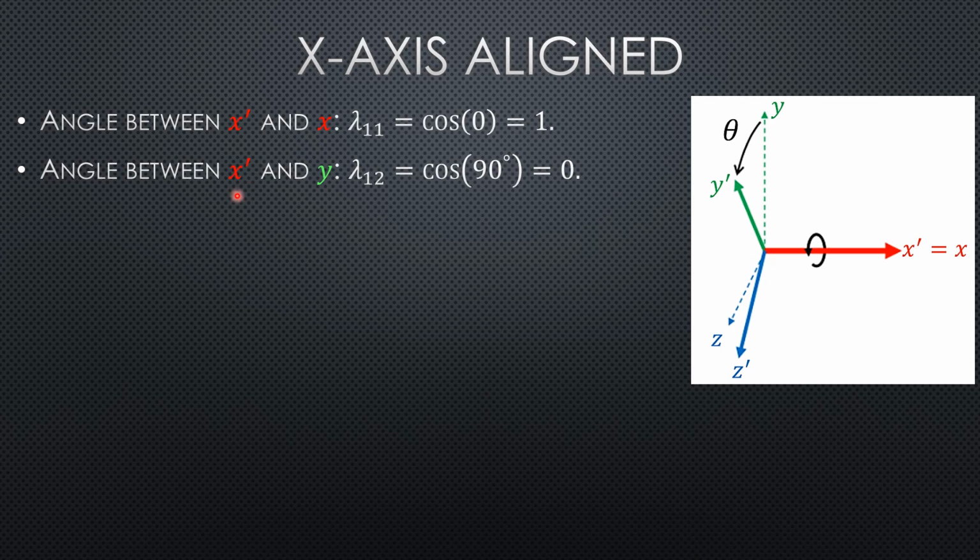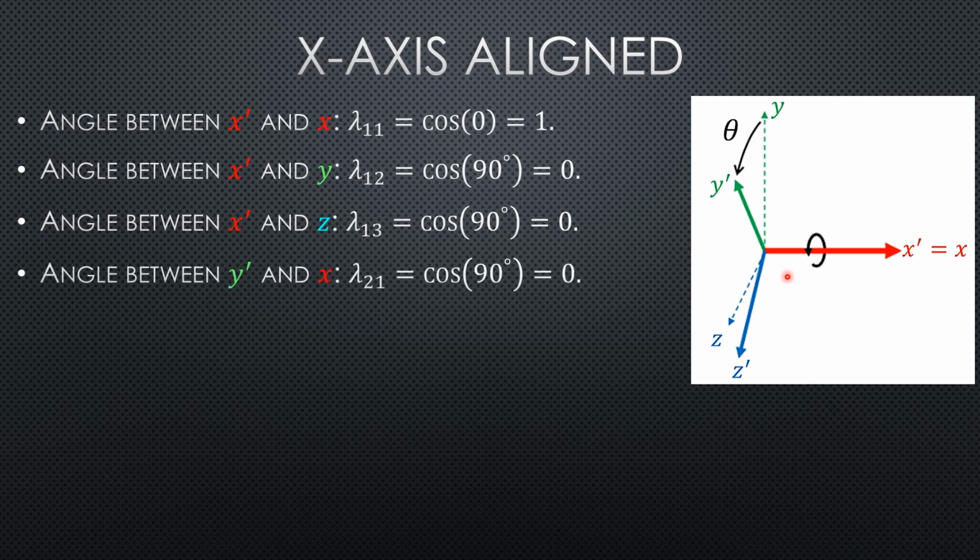Now, between x prime and y, the dashed y here, they're still sitting at 90 degrees, so that is 0. Further, x prime and z, once again, 90 degrees, and we get 0. Running through the other components, y prime and x give us 90 degrees.